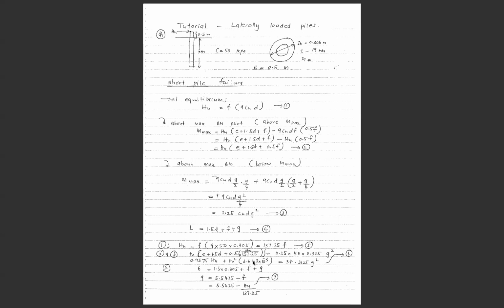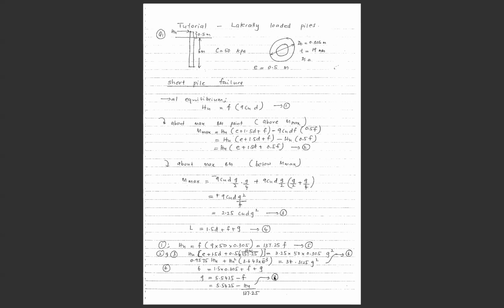To solve this system of equations, we need to substitute one unknown variable as a function of the other. So instead of G in equation number 6, we put the value of G from equation number 7.